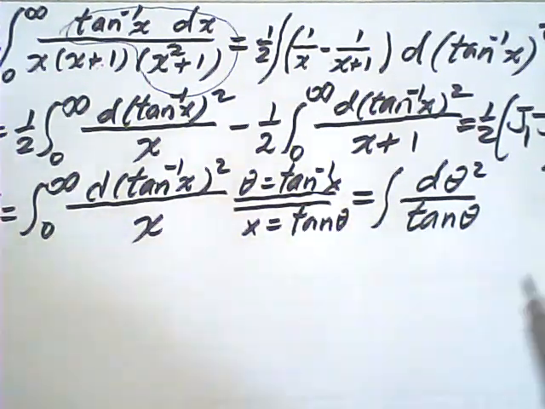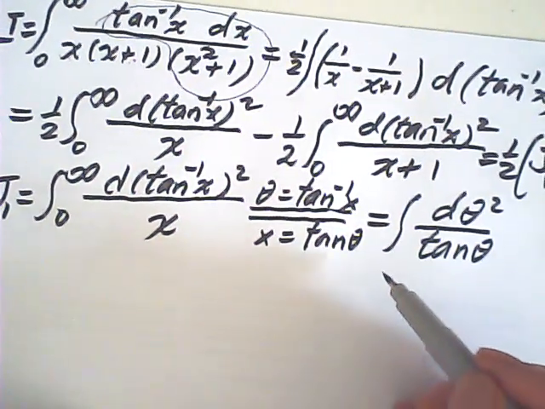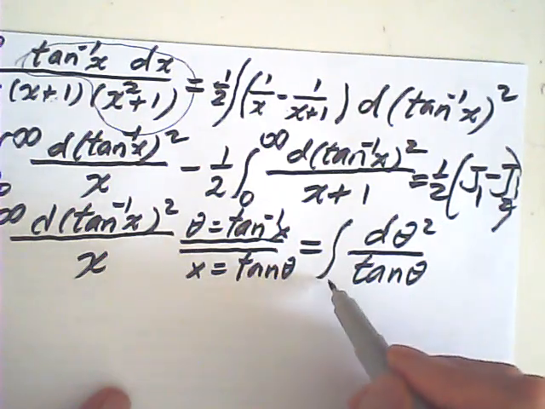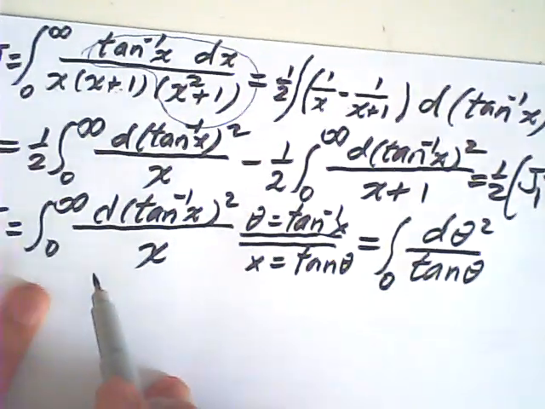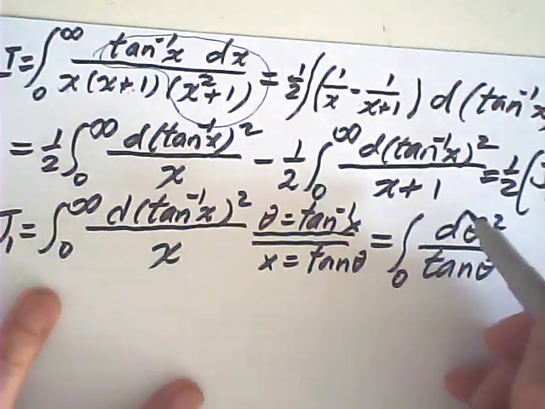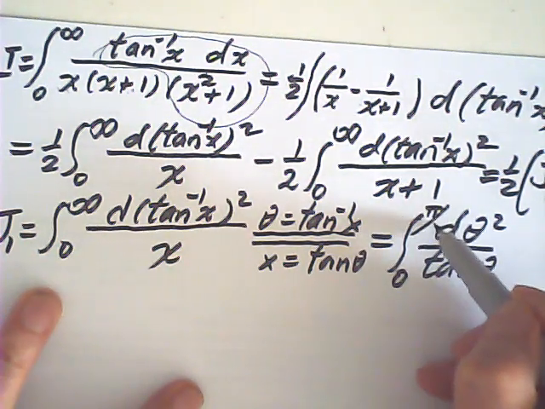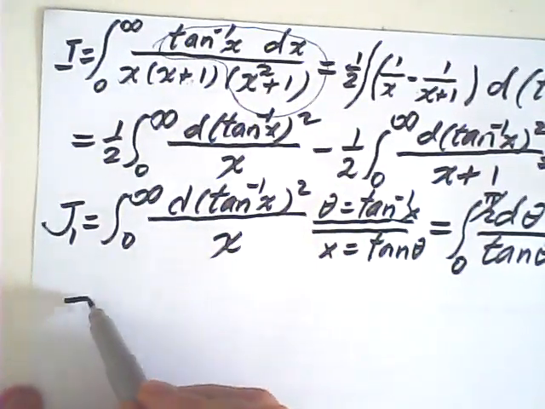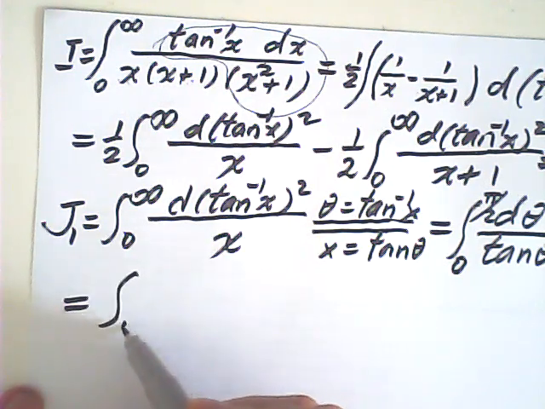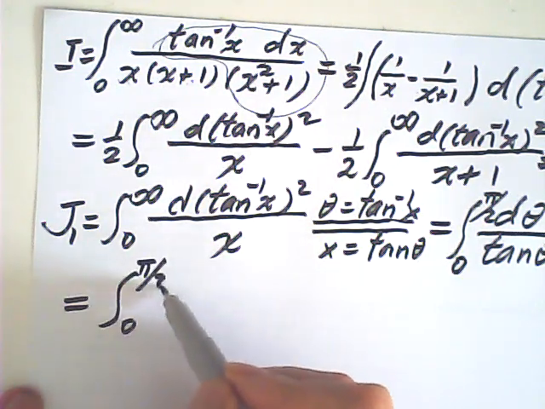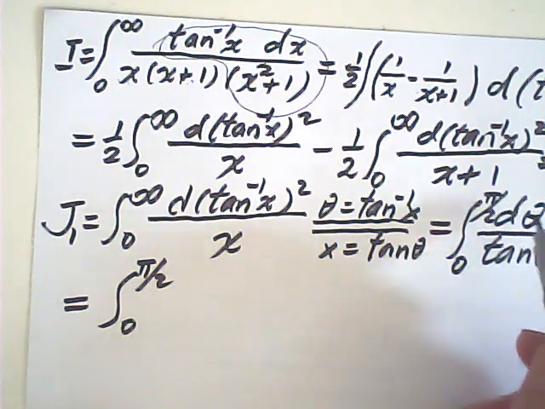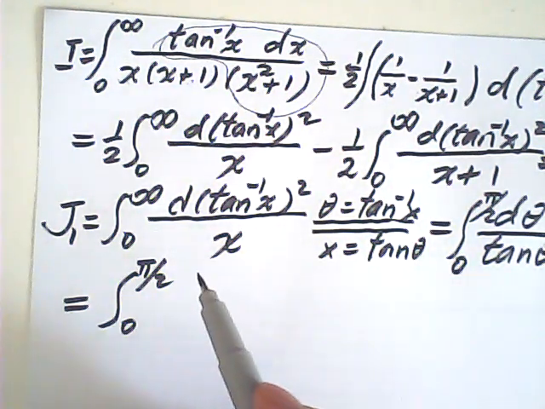Or change the boundary, sorry. When x equals 0, theta is 0. When x equals infinity, it's half pi. So my integral becomes from 0 to half pi. This will be 2 theta d theta, right?